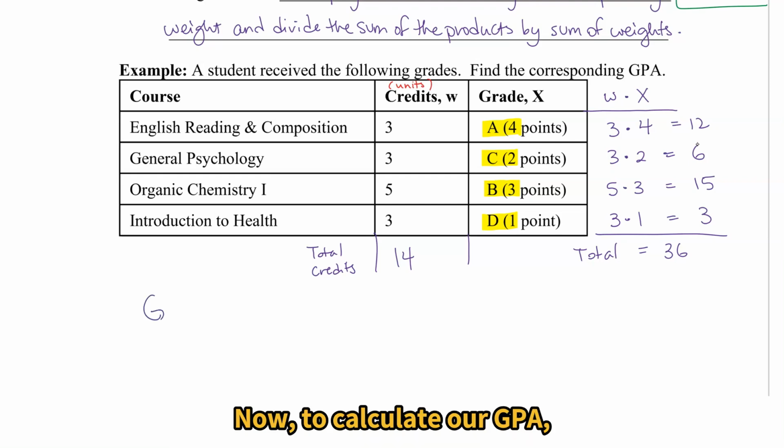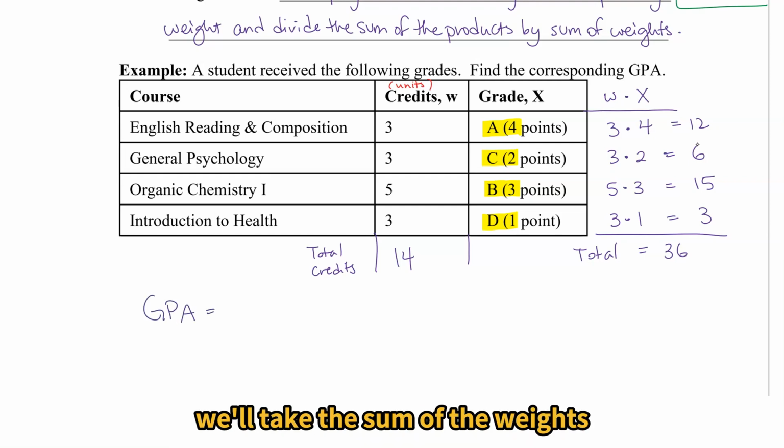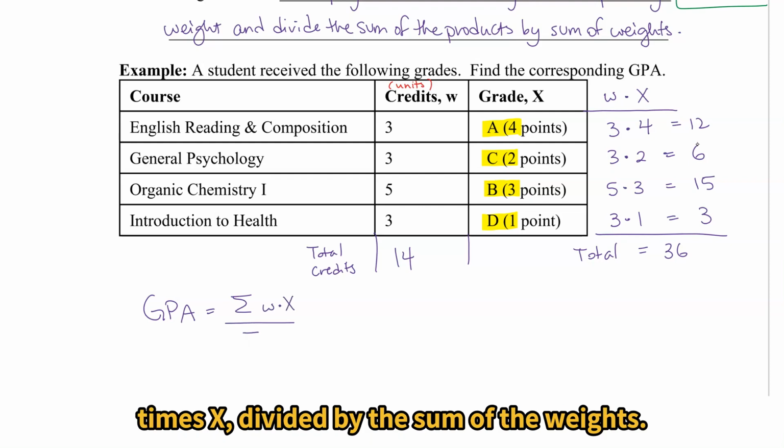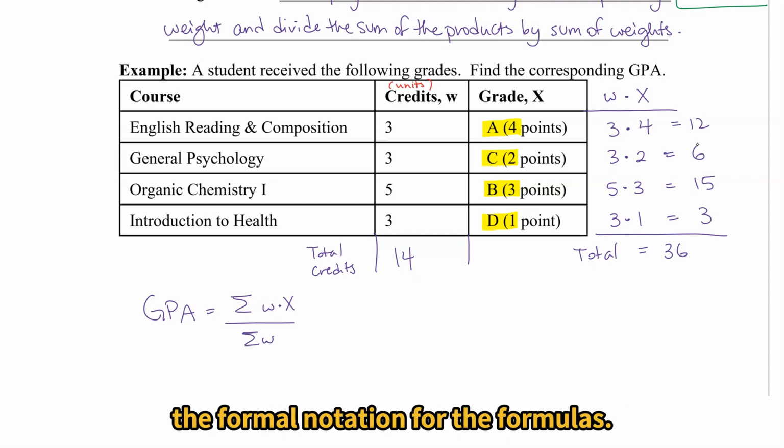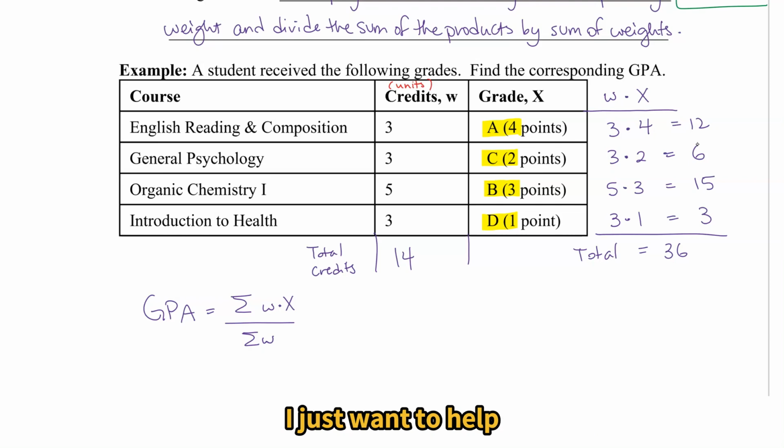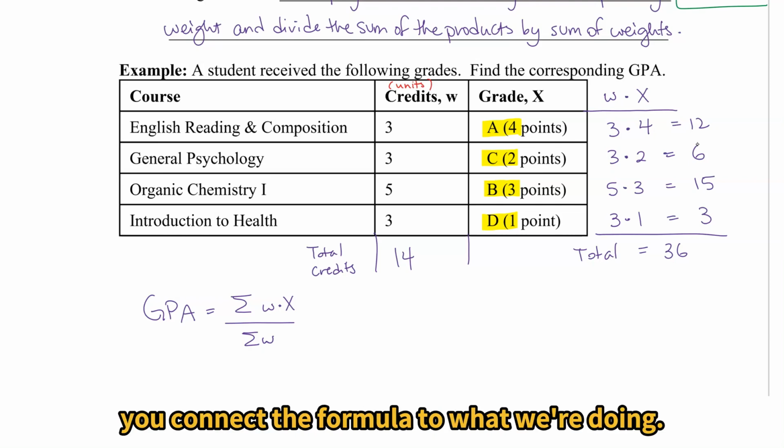Now, to calculate our GPA, we'll take the sum of the weights times x divided by the sum of the weights. And I know I'm using the formal notation for the formulas. I just want to help you connect the formula to what we're doing, okay?